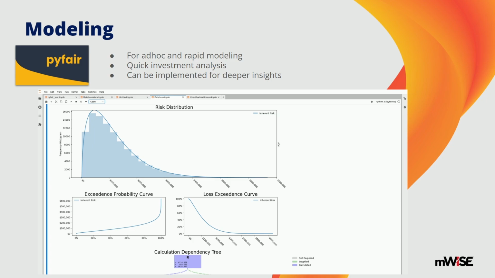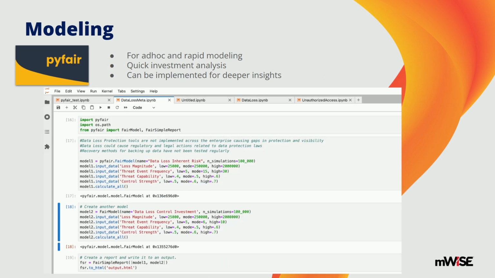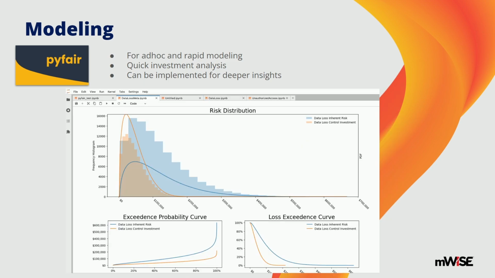So you can take that and say, all right, well, what if I want to look at an investment in a control? So we could add another box, add more details, now looking at what residual risk would be with an investment, and then run it again. You can have your blue, which was your inherent, and then your residual in orange, and you notice, hey, that $20,000 bought down 80% of the risk, right?